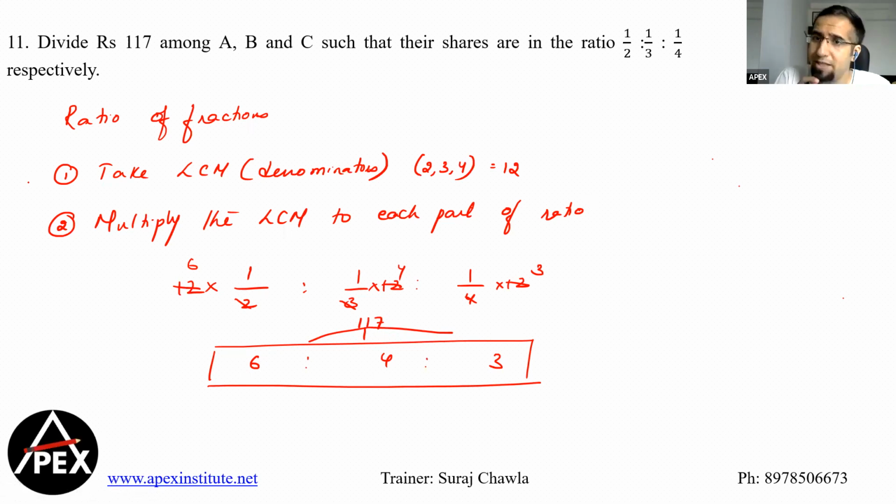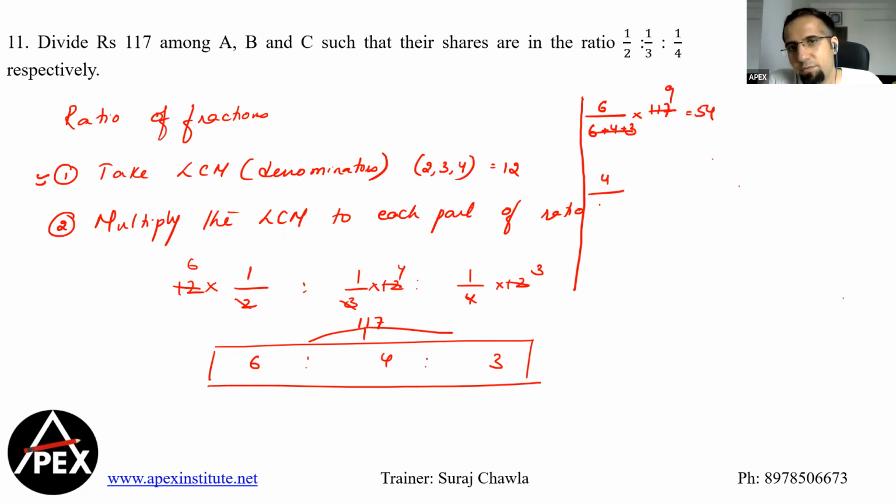Just follow these two steps. First step, take the LCM of denominators. Second step, multiply each term with the LCM. If I do this, the value of this is 6 by 6 plus 4 plus 3 into 117. So 13 ones are 13, nines are 117, so this will be 54.